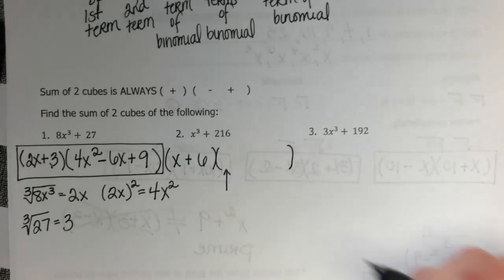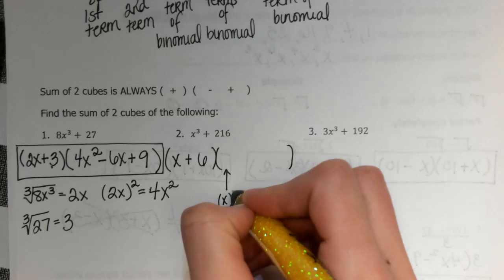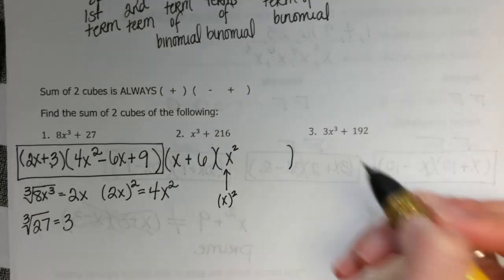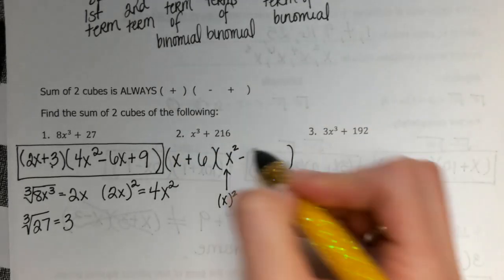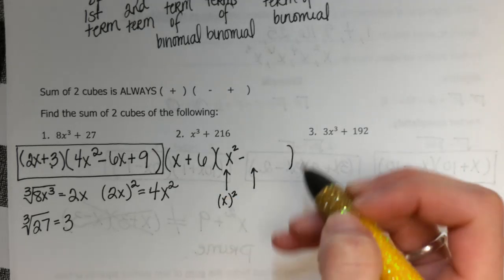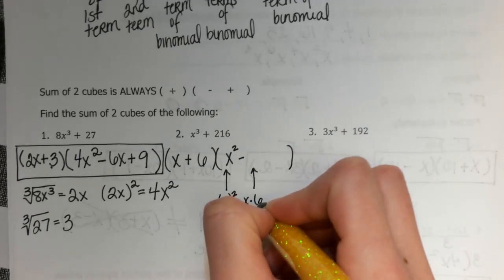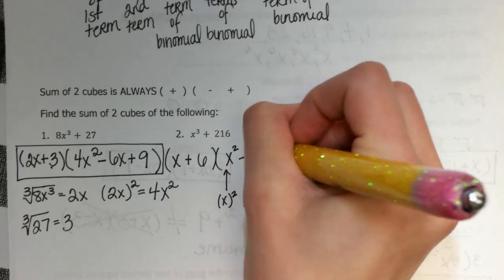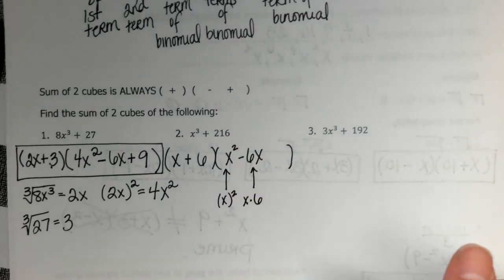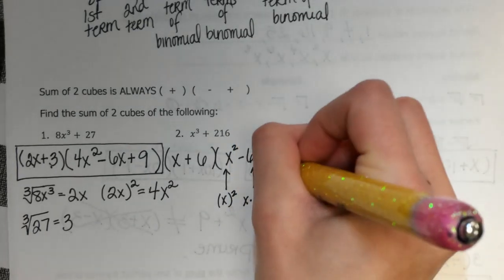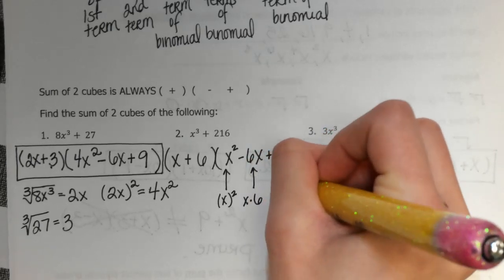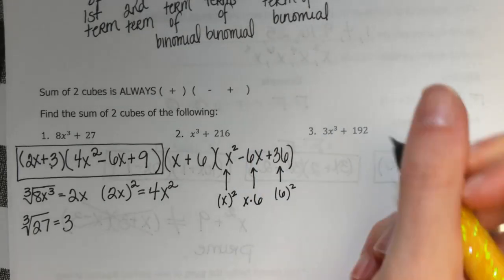So then my first term of my trinomial, I take x and I square it, which is x squared. Change the sign to a minus. This middle term, I'm taking x and multiplying it by 6, so that becomes 6x. And then this is a plus. And then I take 6 and I square it, which is 36.